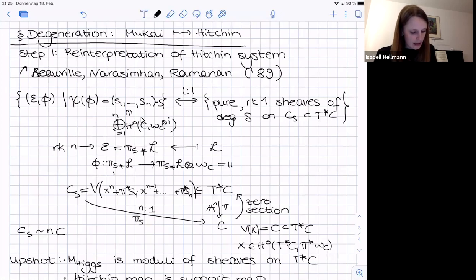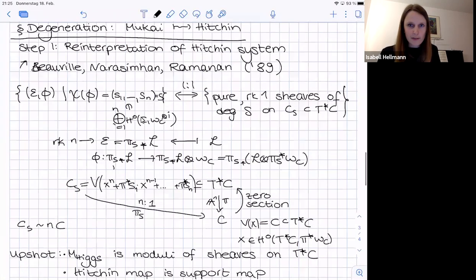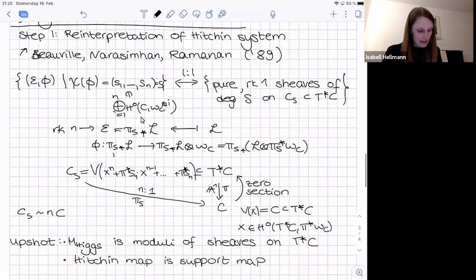So here you apply the projection formula and adjunction, and you'll see there is a canonical way to define phi.